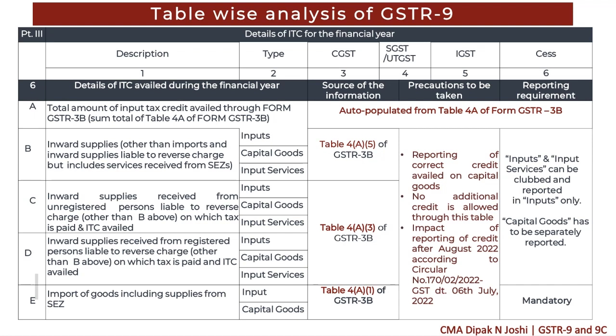And post such changes, the department has also issued circular number 170/02/2022, which says that you should take credit strictly according to GSTR 2B.